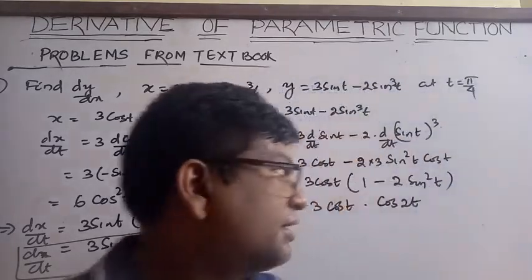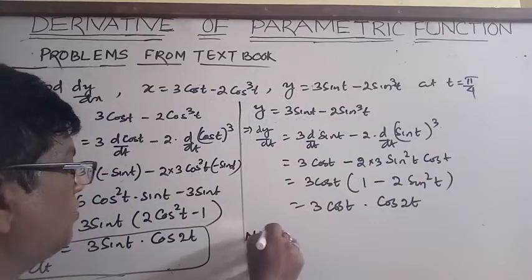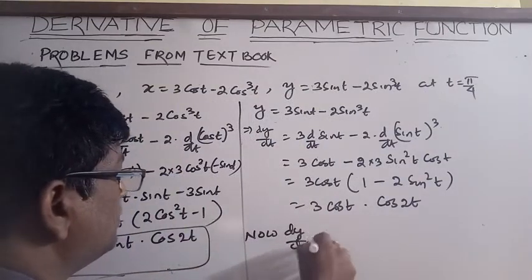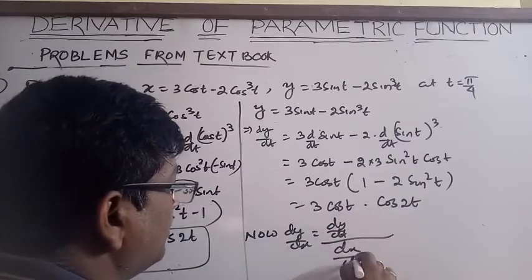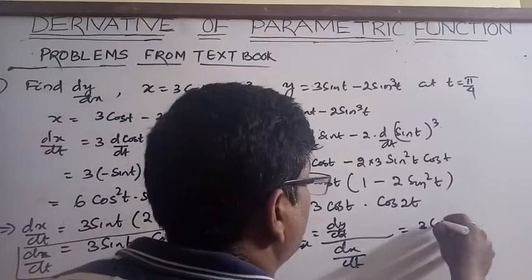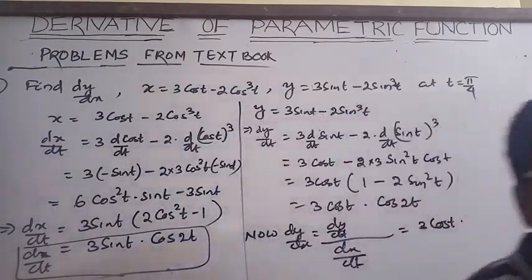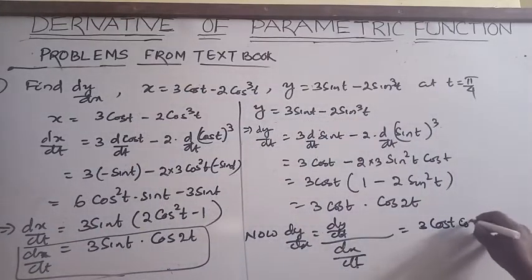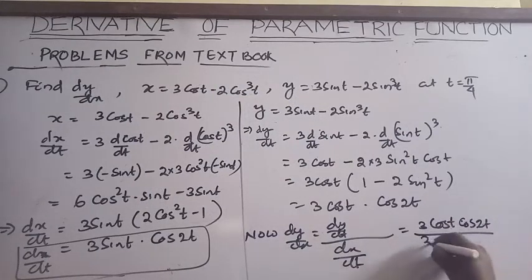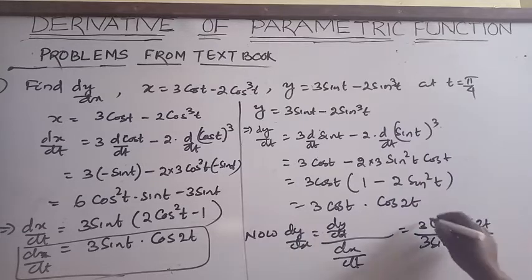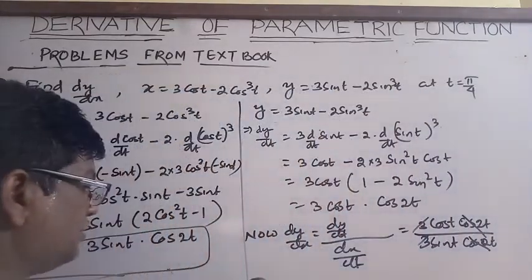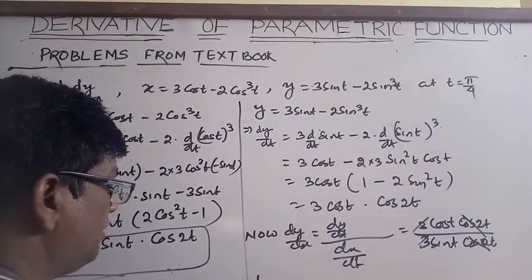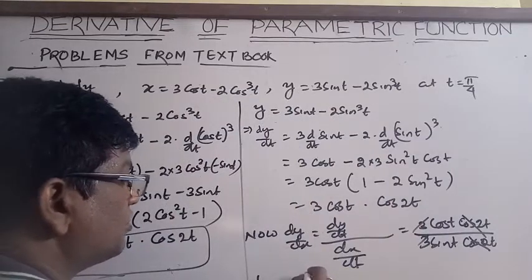Now dy by dx is equal to dy by dt whole divided by dx by dt. So this is equal to 3 cos t into cos 2t divided by 3 sin t into cos 2t. So cos 2t cancels, 3 cancels. This is equal to cot t.